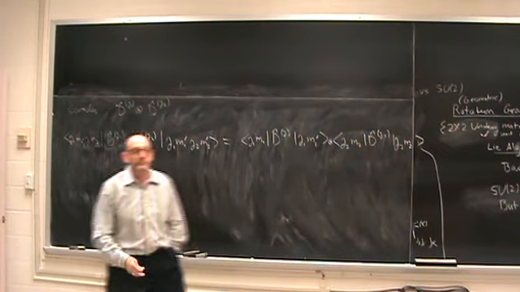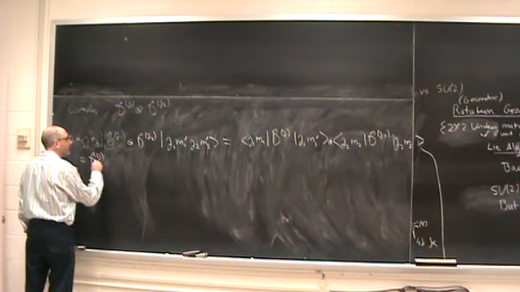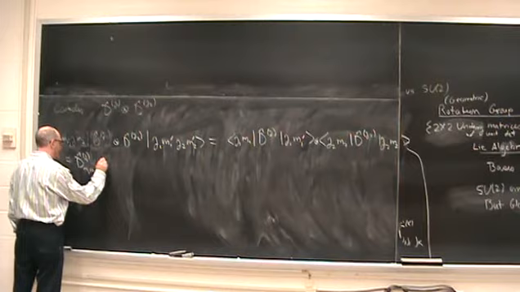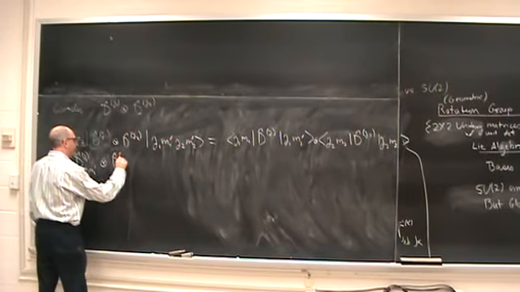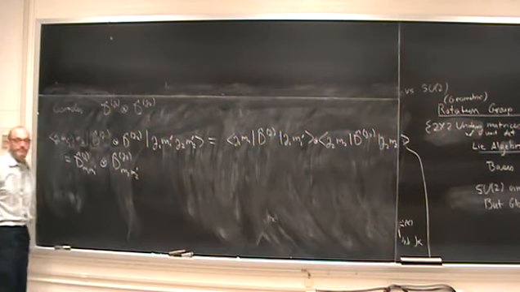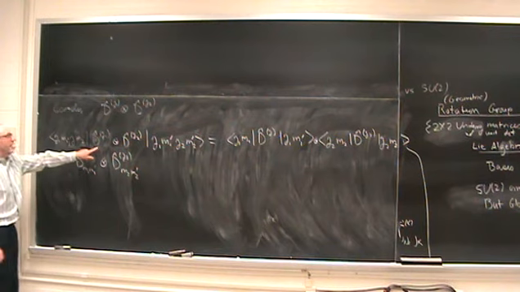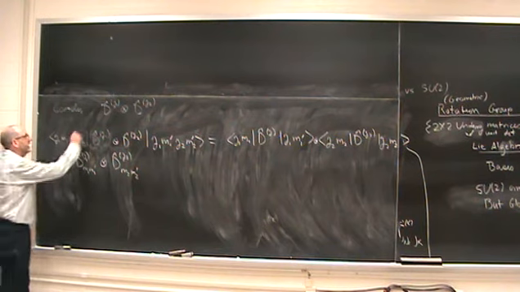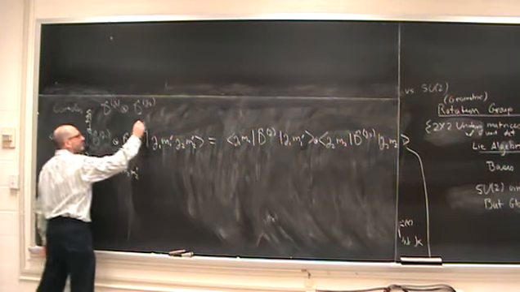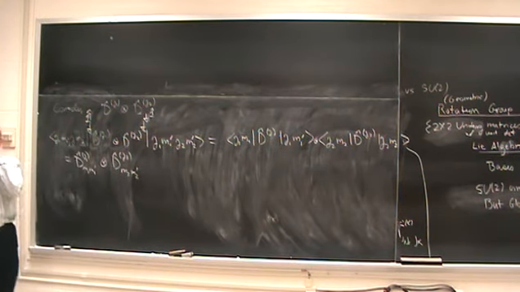Right? And that is equal to N1 prime tensor J2 N2 prime. Now, of course, what I can do is I can insert the identity and change basis.